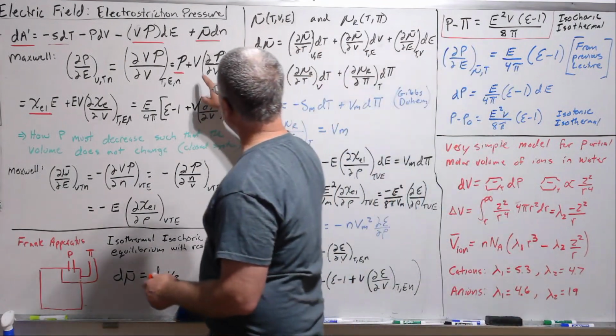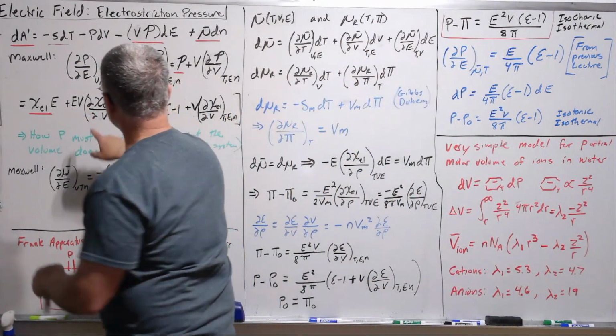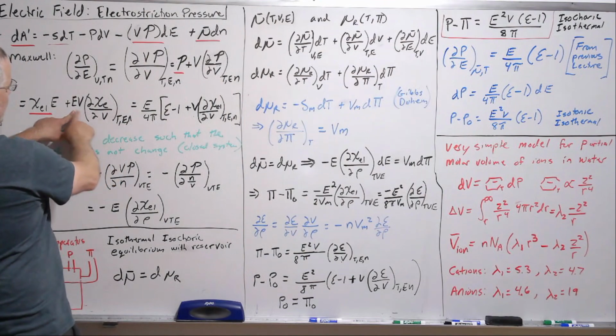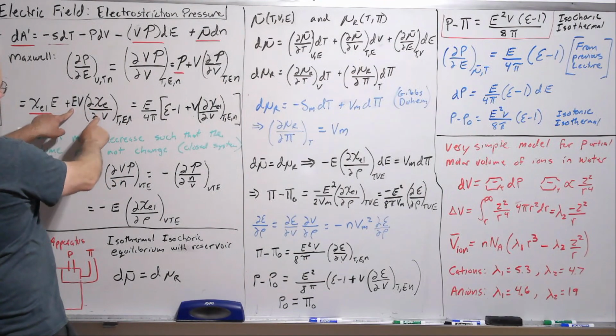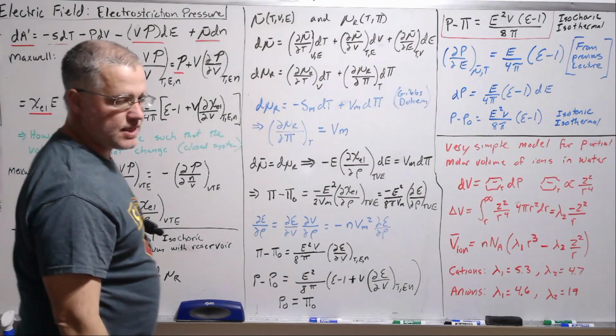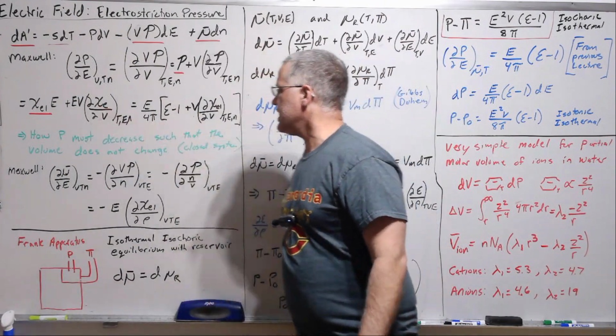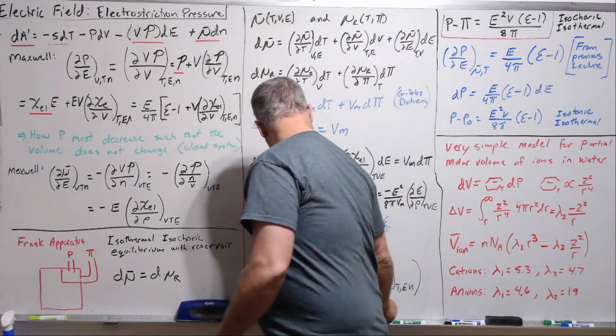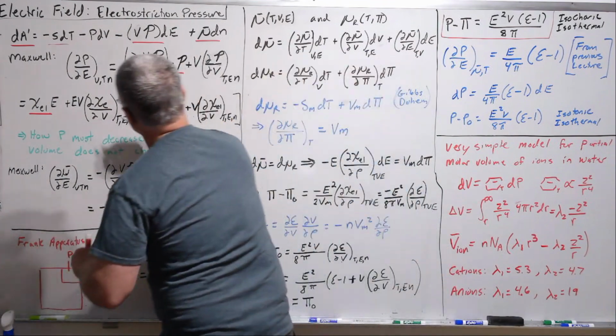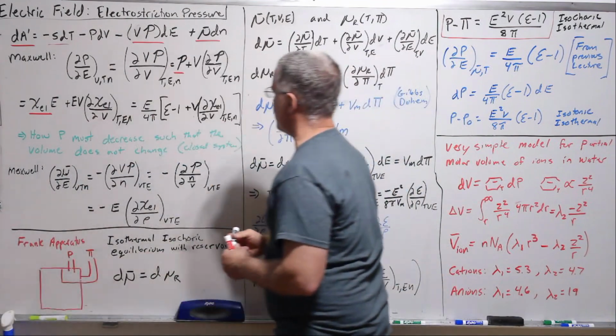And then here E is constant, so that can come out, and then it's just d chi dV. So E V d chi dV, and this is actually chi electronic. Forgot the L there.